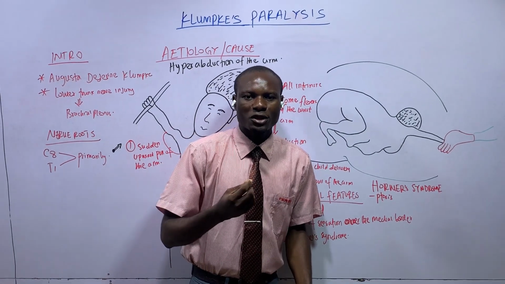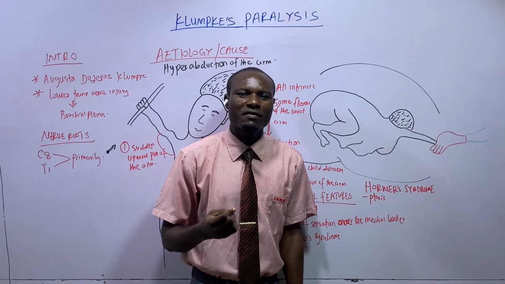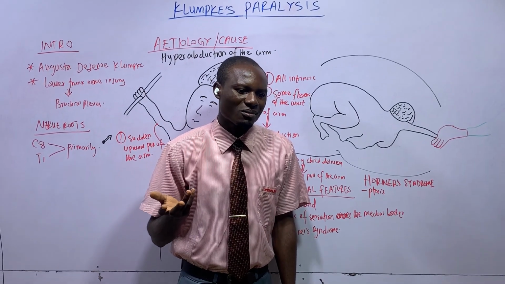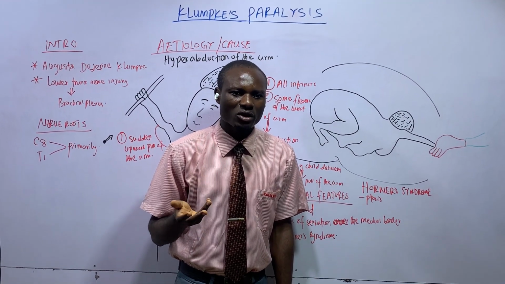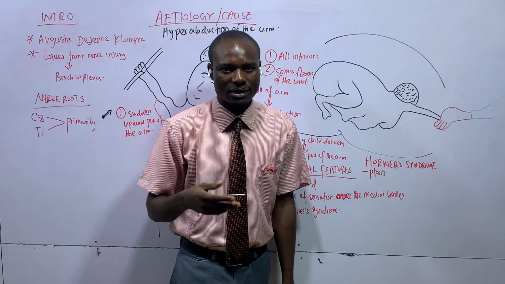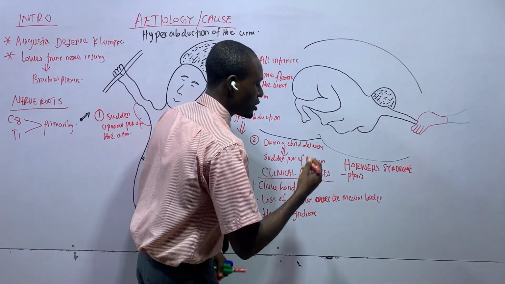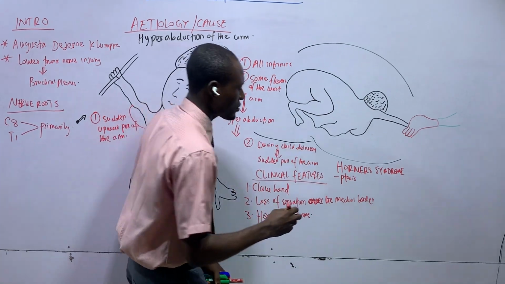This partial drooping of the eyelid is due to paralysis of the involuntary part of levator palpebrae superioris, what is sometimes called the superior tarsal muscle or the Müller's muscle. So very important for you to take note of that. There'll be drooping of the eyelid, and it's a form of partial drooping.